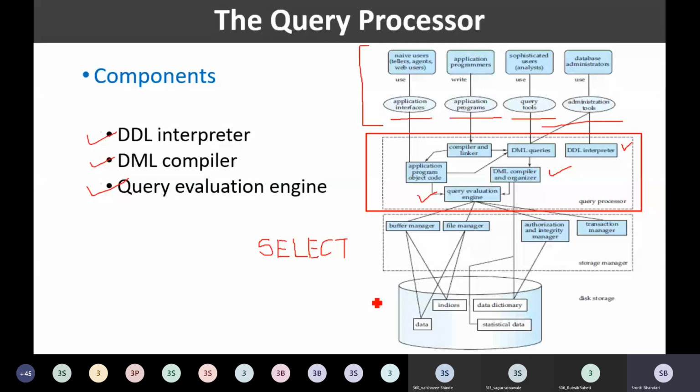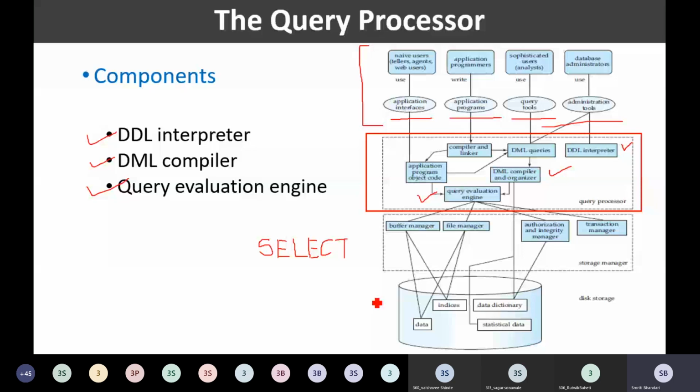While actually executing this query, I might have more than one plan. For example, first I filter out all the instructors from the computer science department. Let us assume I have a total of 500 instructors. The first step would be filtering out the instructors only from computer science. Out of those 500, I'll have only, say, 25 instructors from computer science.